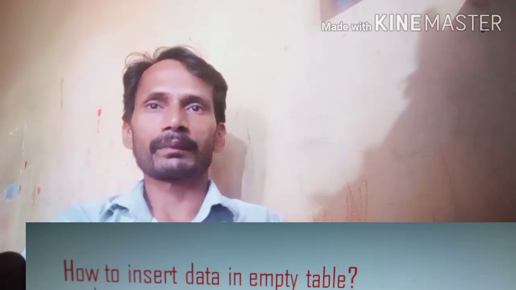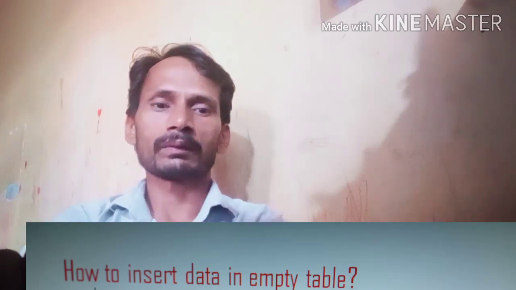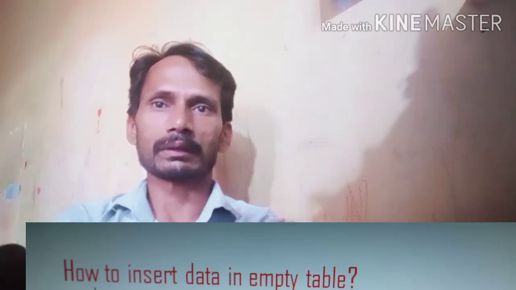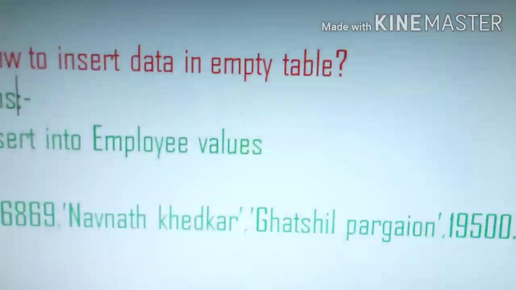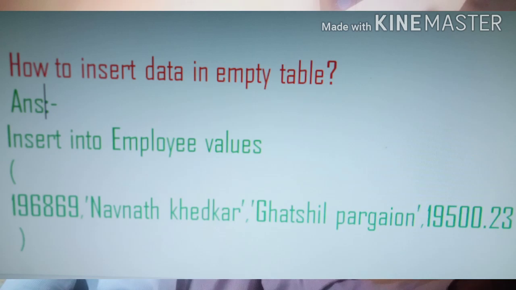Now I'm going to insert values into this. INSERT INTO employee VALUES. Now I'm taking my employee ID, that is 196869. After that my name in single inverted commas.